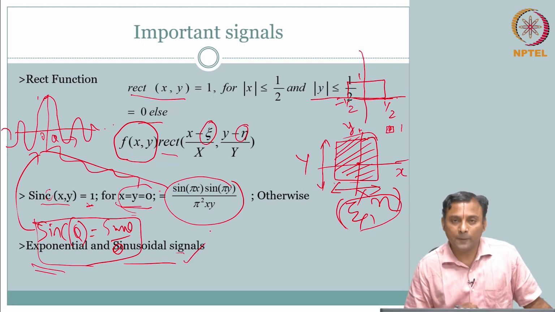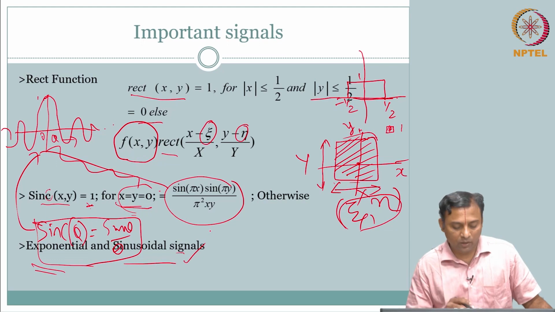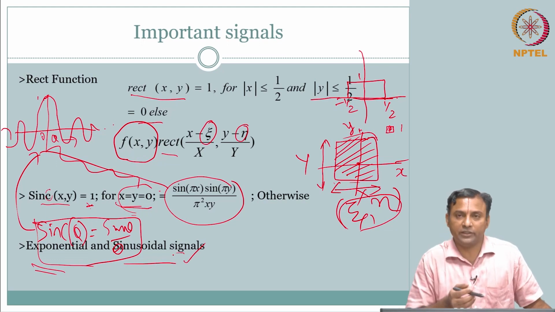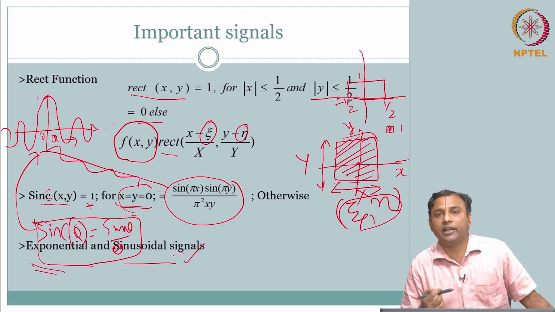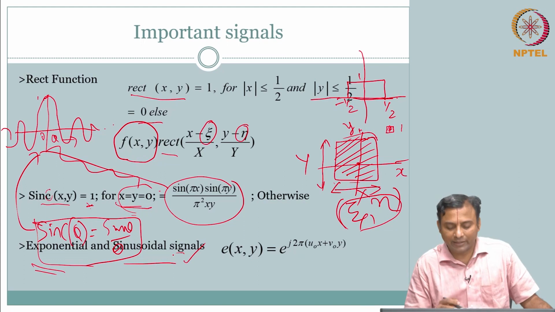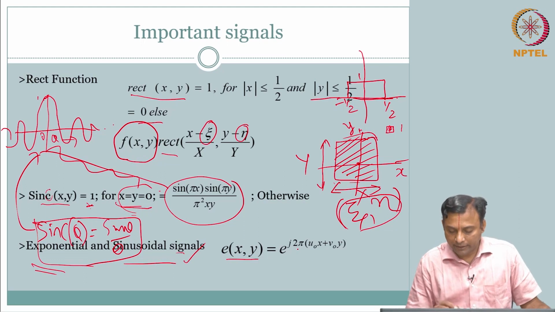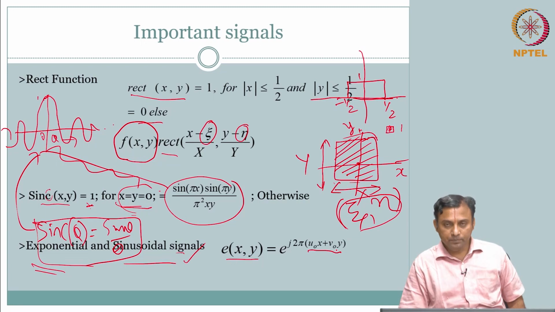You know this, right. When I say you know this formulation, you may know what the exponential and the sinusoid are, and the relationship between exponential and sinusoid, that you probably know too. It is a direct extension from 1D to 2D. E of x comma y is e power j 2 pi times (u naught x plus v naught y).